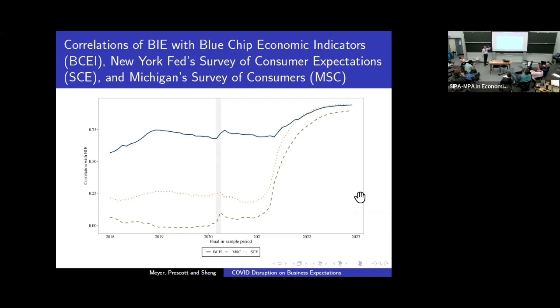Okay, but it's only moderately correlated with the New York Fed household inflation expectations. It's almost uncorrelated with inflation expectations from the University of Michigan survey. Okay, but since the beginning of the pandemic, all inflation expectation measures, together with the unit cost expectation measure from our BAE panel, tend to converge.